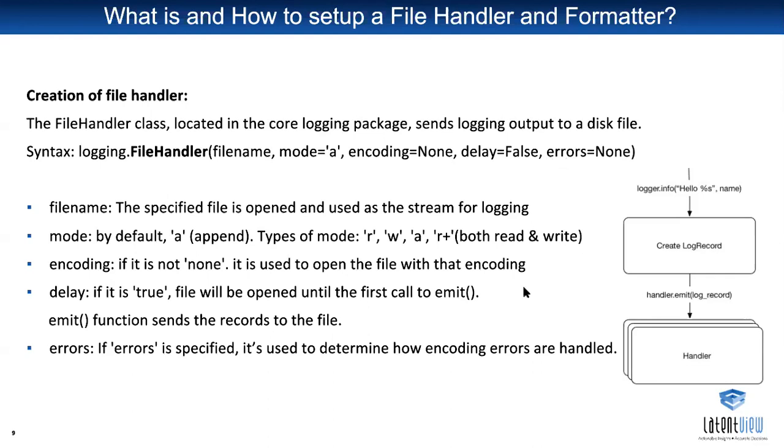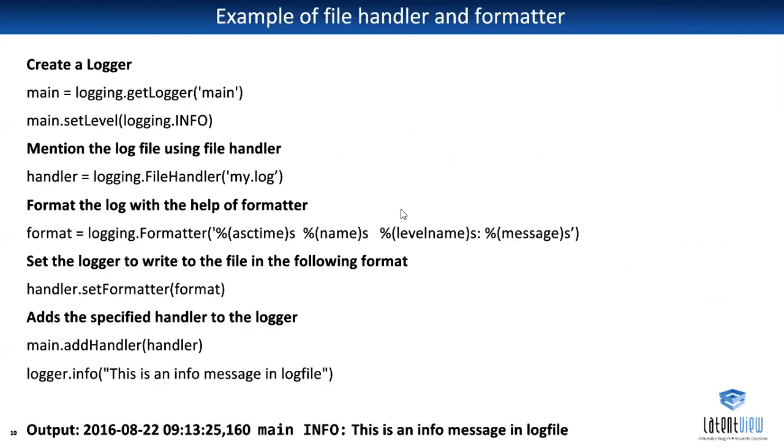So this covers the syntax of the file handler, and this is a simple example of how to create a logger. Here my logger name is main, and I'm setting the level to info. My output messages will be in my.log file.